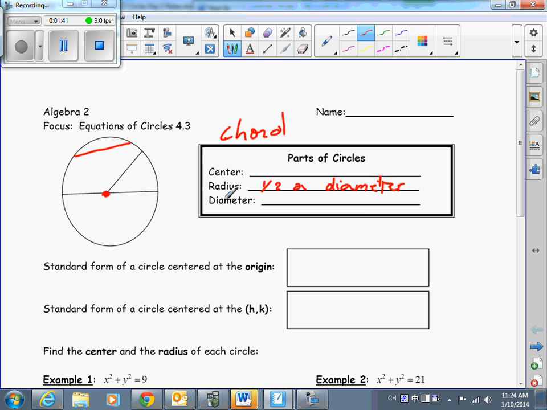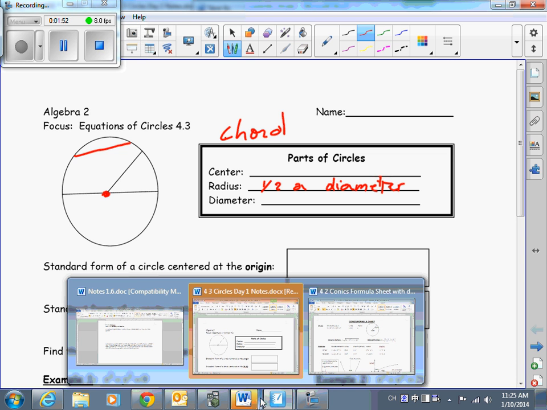The standard form of the equation of the circle, center at the origin. I want you to look at your blue paper.